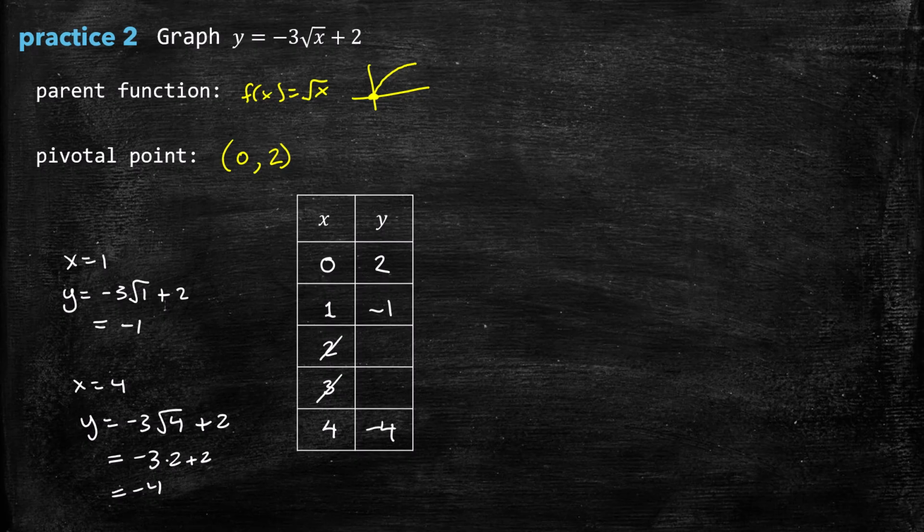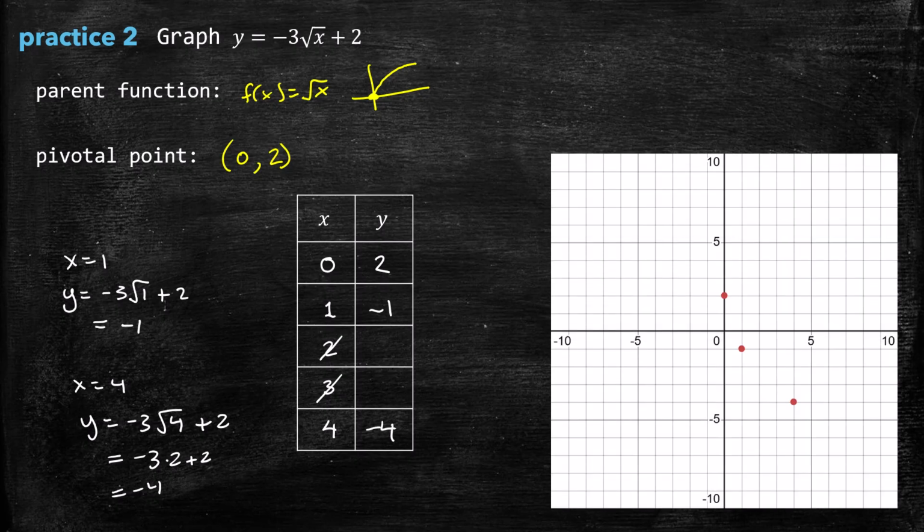So if we graph those 3 points, that's all you really need to get the correct shape. And there we have the final graph. And now let's see what we observe here. Remember this value here, this -3.